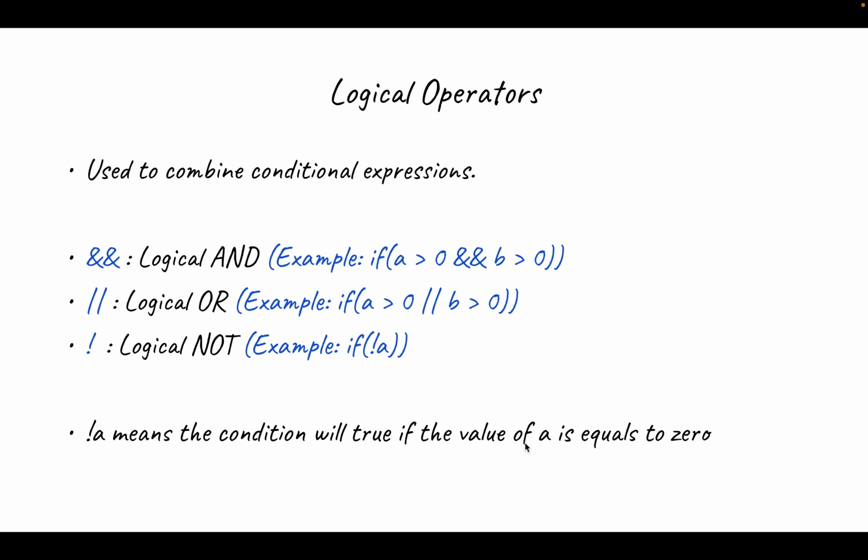Logical operators are used to combine conditional expressions like logical and, logical or, logical not. These are the symbols. This is for logical and, this is for logical or and logical not. Example, if a greater than 0 and b greater than 0, then this will be true.